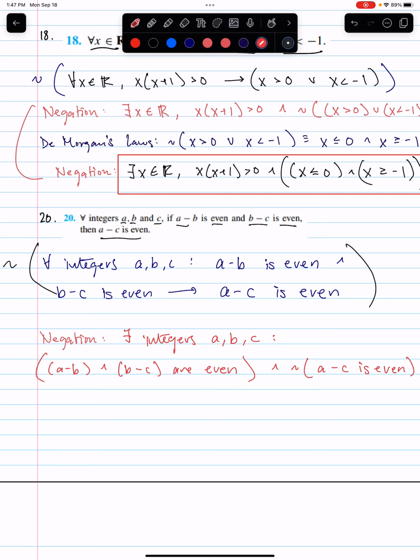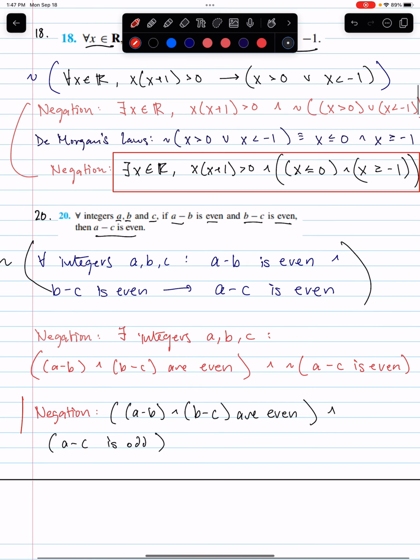If we rewrite this again, you could keep it like that, but if you want to, you could say it clearer: a minus b and b minus c are even, and a minus c is odd. You could do that, because the negation of even is odd. So that should be your answer.